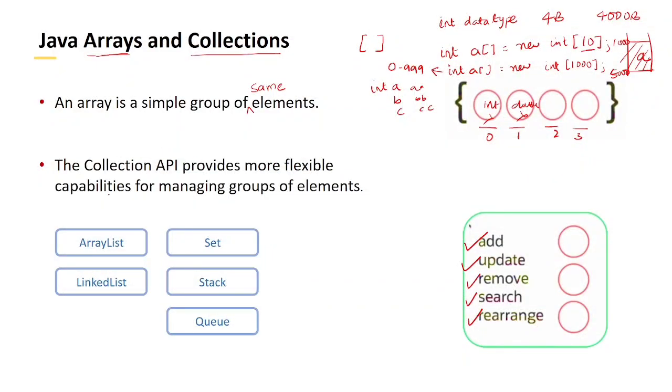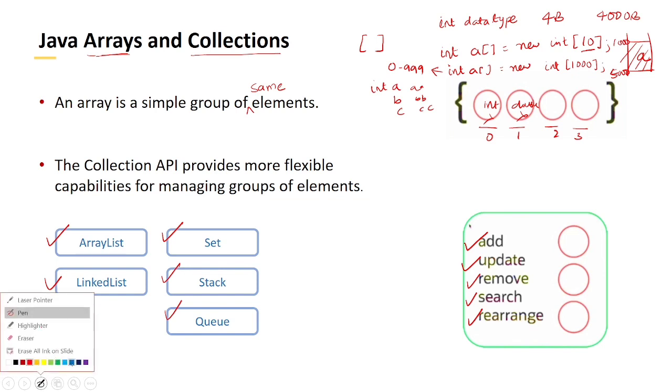Collection API has array list, linked list, set, stack, queues. Other than this, there are a lot of things: priority queues, hash set, hash map. Our major concern will just be to give a brief introduction about all these.